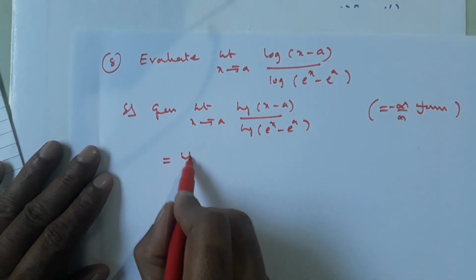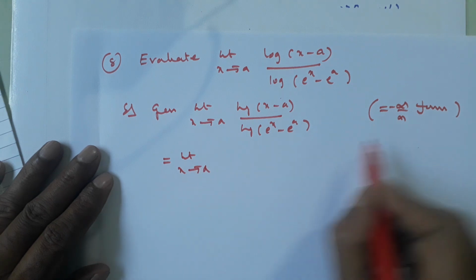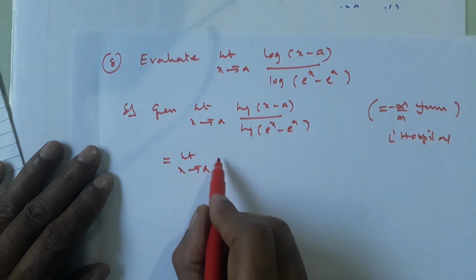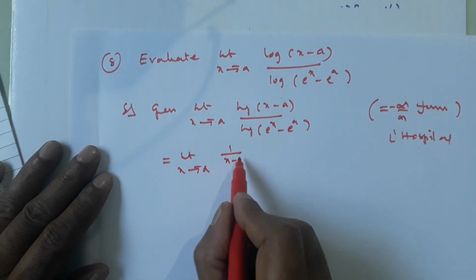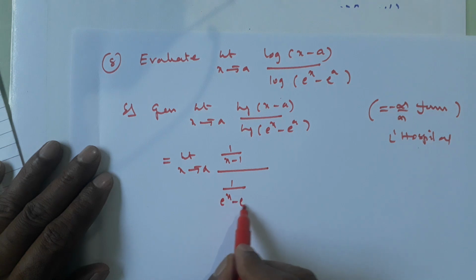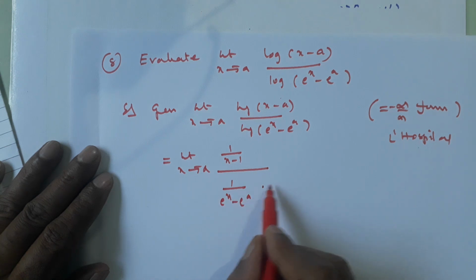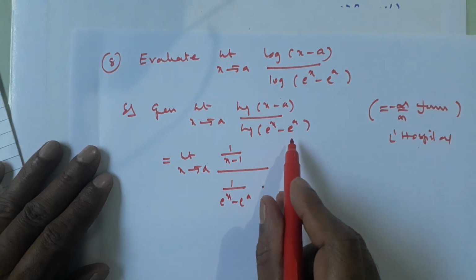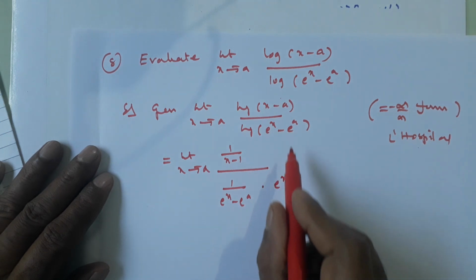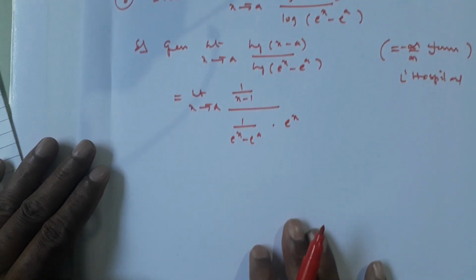So this is equal to limit x tends to a, applying L'Hospital, 1 by x minus a whole divided by 1 by e power x minus e power a into the derivative of e power x minus e power a, which is e power x, since the derivative of e power a is 0.